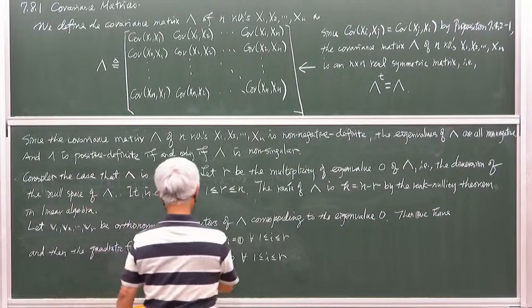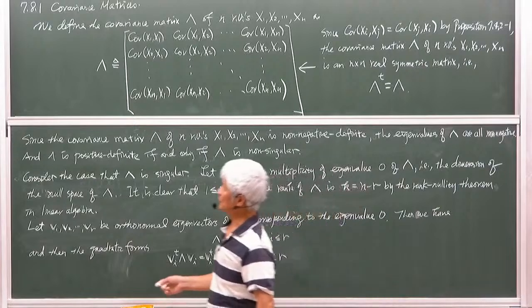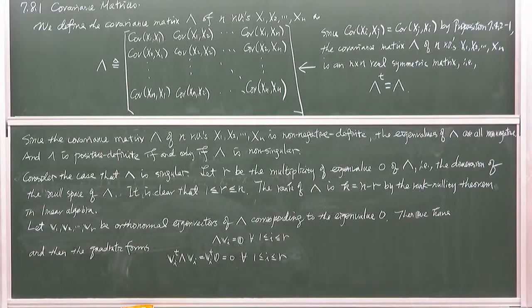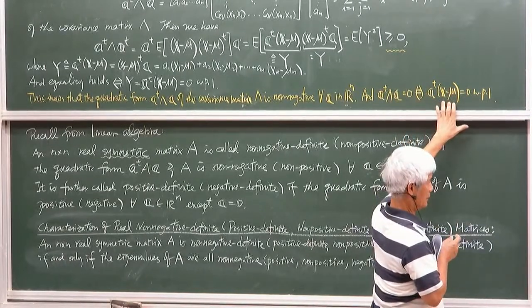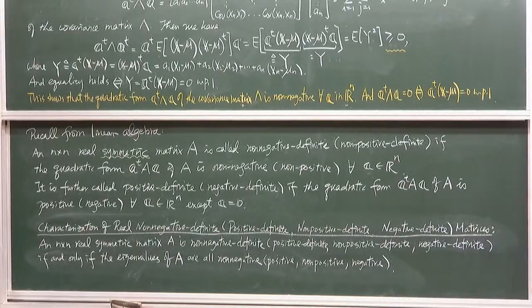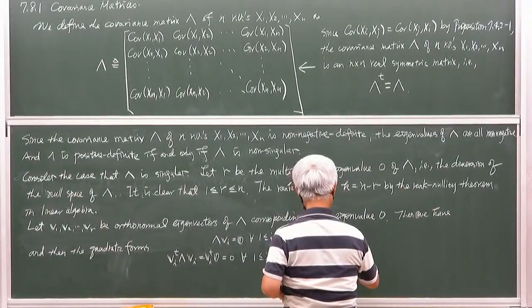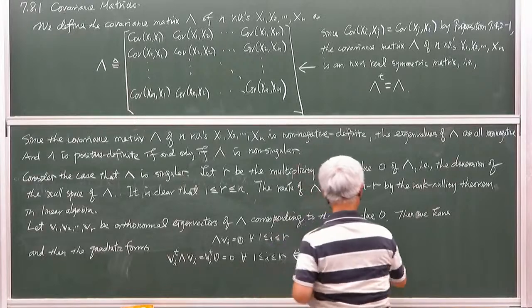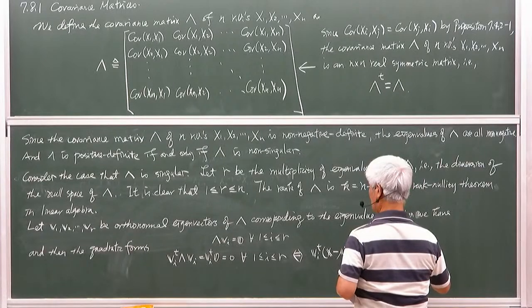Okay, so now the quadratic form for each vi is 0, but we say that any quadratic form is 0 if and only if the inner product of a and this column vector is 0 with probability 1. Okay, so this says that vi transpose (X minus mu) is 0 with probability 1 for all i from 1 to r. Okay?